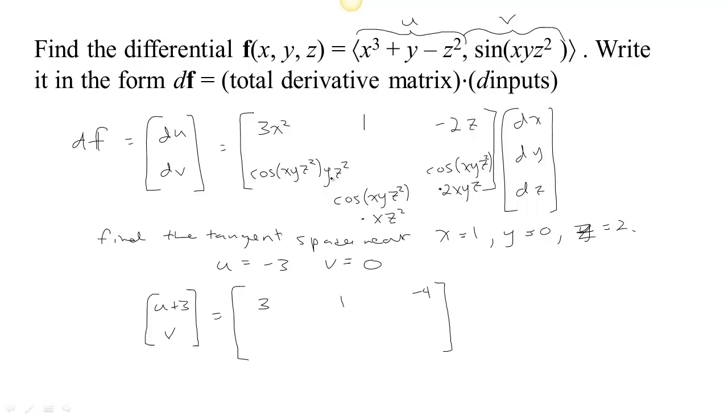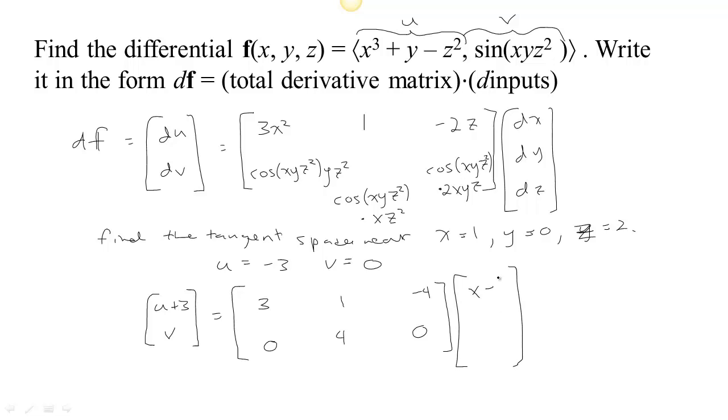Since y is 0, yz squared is 0, so we have 1 times 0, which is 0. In this middle term, the derivative of v with respect to y is 1 times x times 2 squared, so 1 times 4, which is 4. And here, since y is 0, we have 1 times 0, which is 0.